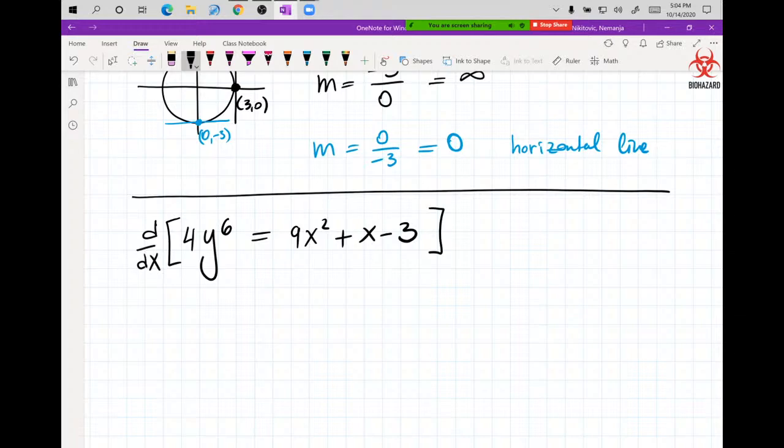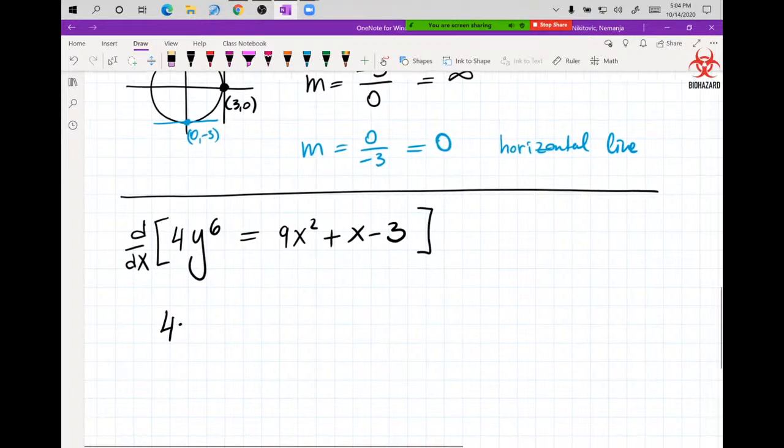Take the derivative of the entire equation, not a function. You have y to the 6. This thing is going to do some things like this and it's going to fail. We again do it term by term, and every time we take the derivative of y, we have to follow with the chain, dy dx.